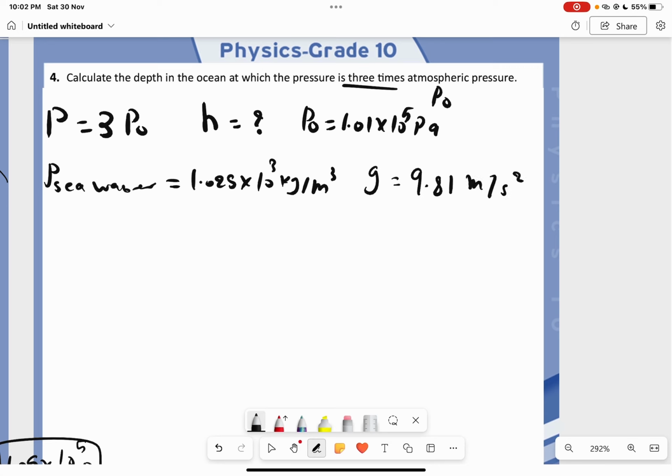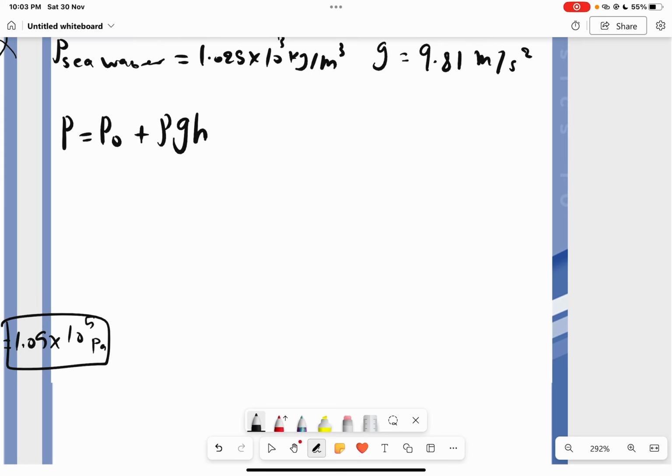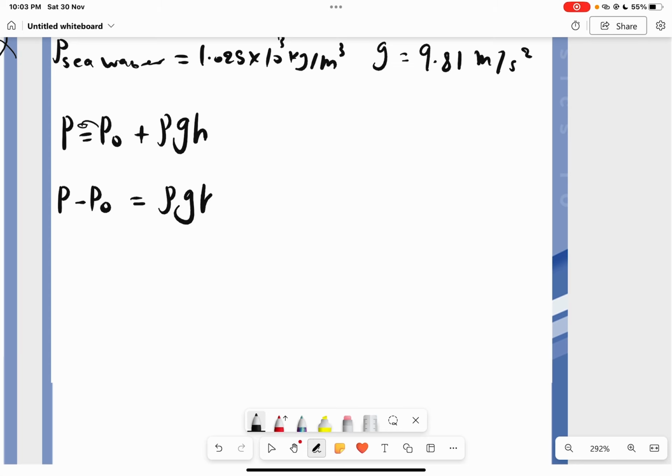Now guys, it needs us to find the height. We're going to use the same equation that we had. Absolute pressure is equal to P naught plus rho gh. Rearrange this equation: pressure subtracted by atmospheric pressure is equal to rho gh.